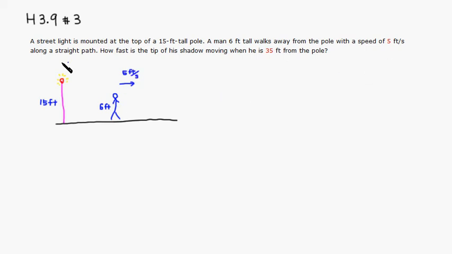Then along a straight path, how fast is the tip of his shadow? The tip of the shadow should be somewhere around here. So I'm going to draw a shadow. The shadow should look something like this.